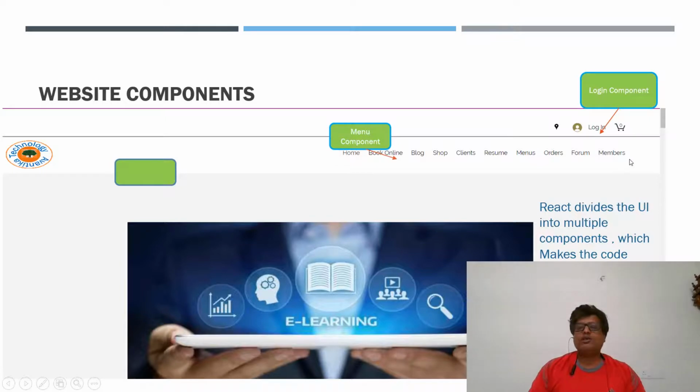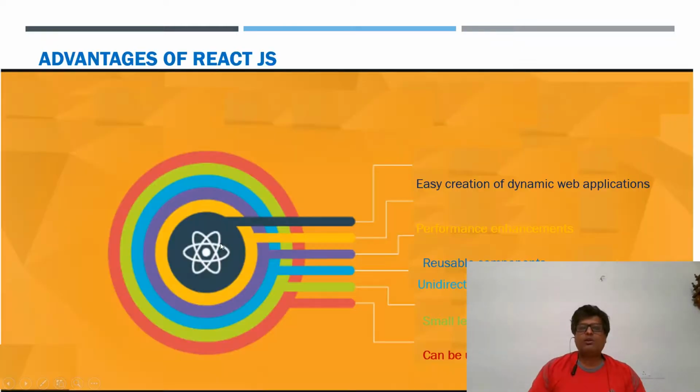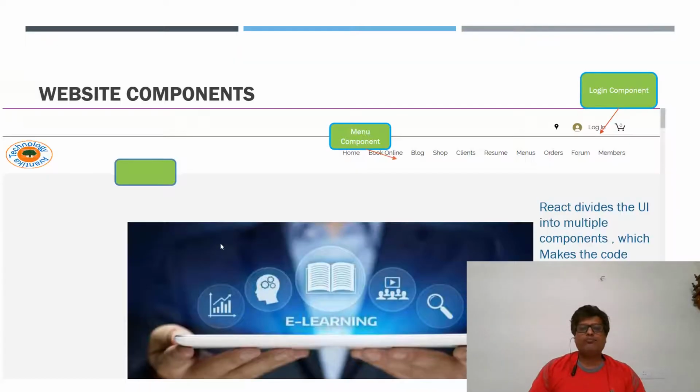There is another part, and there is one part where the main component is lying. So here there is a logo component. So that's how the whole site is basically divided into several components.